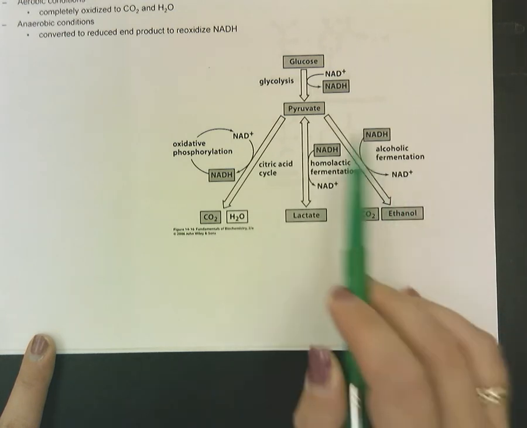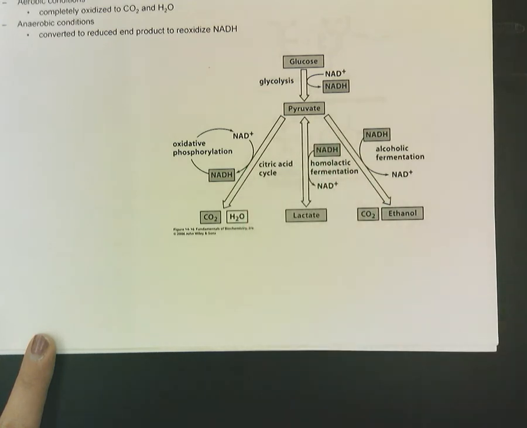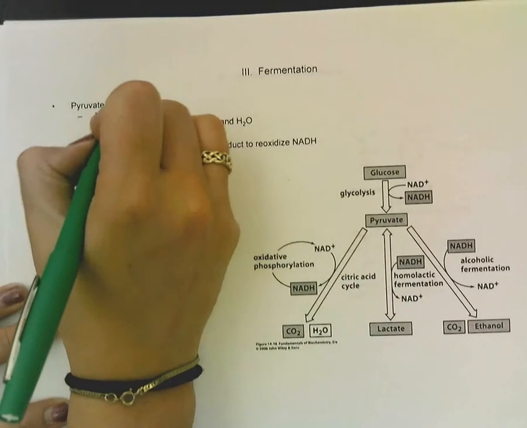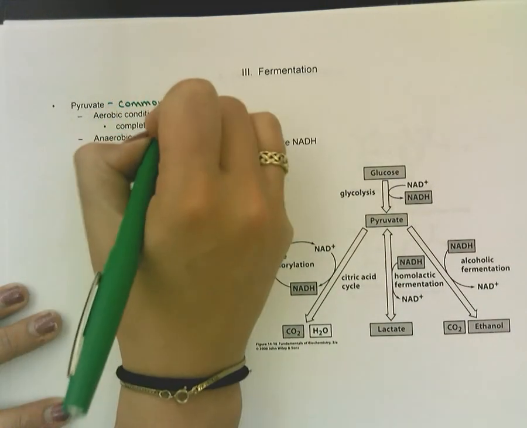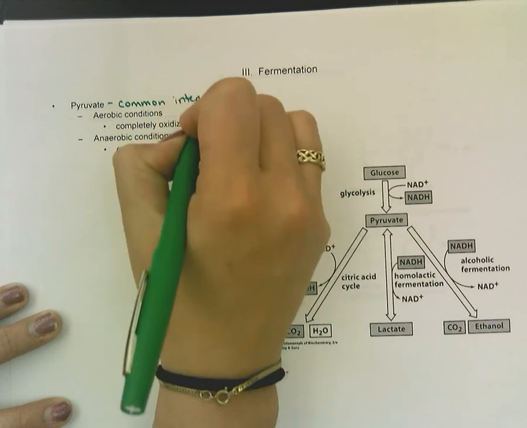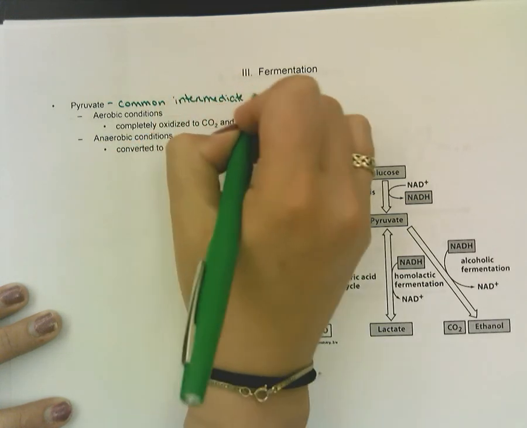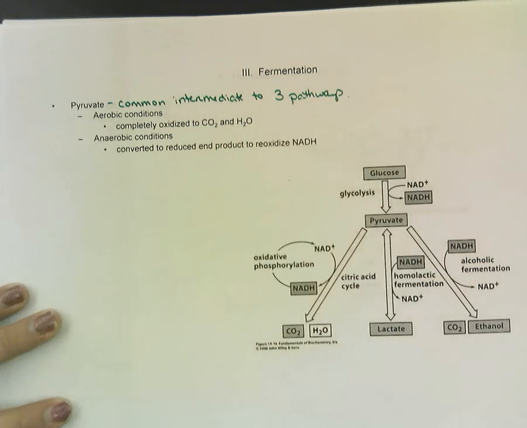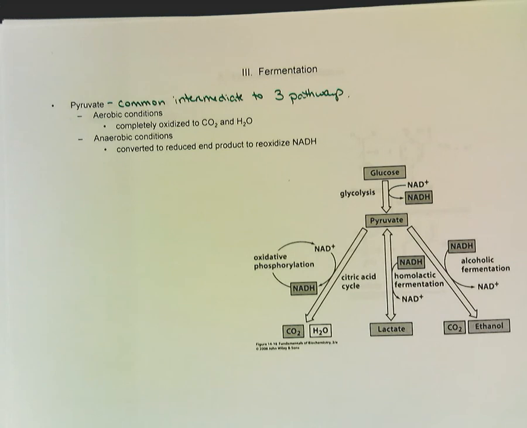So pyruvate is a common intermediate that can go down 3 different pathways. So it's a common intermediate of 3 different pathways, and depending on the needs of the body and the concentration of oxygen at the time, one of these 3 pathways will be chosen.